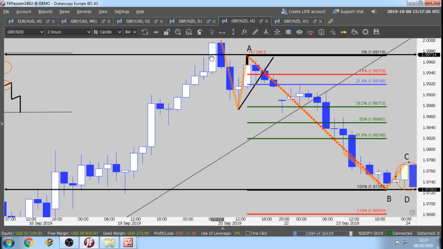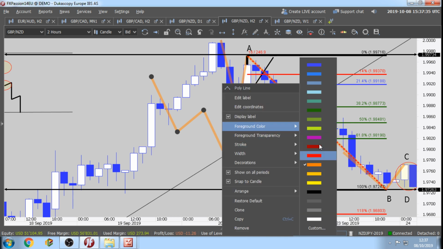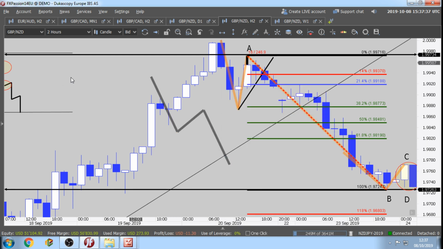Now, good point, bad point. The good point is now I have a confirmed downtrend, so my technical risk just decreased. I have a lower high, lower low, lower high, lower low. I have a confirmed downtrend.